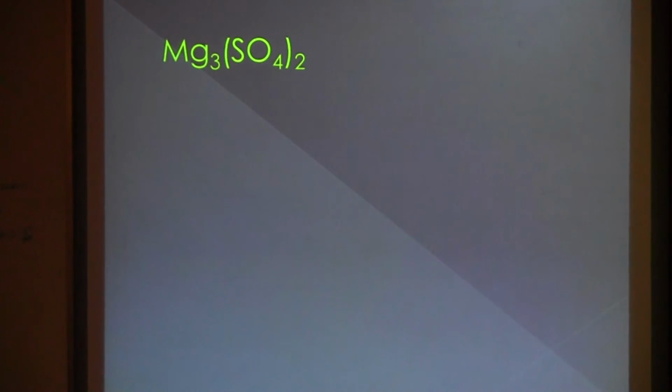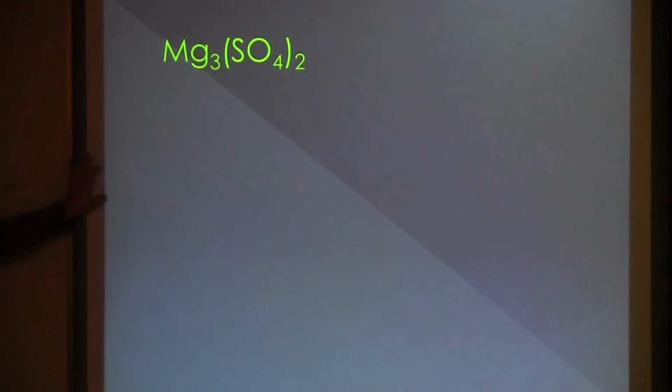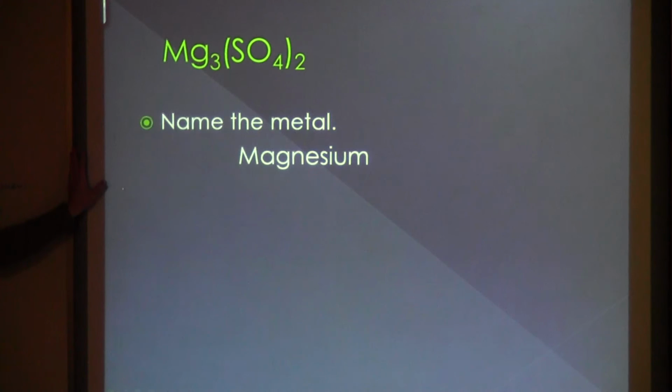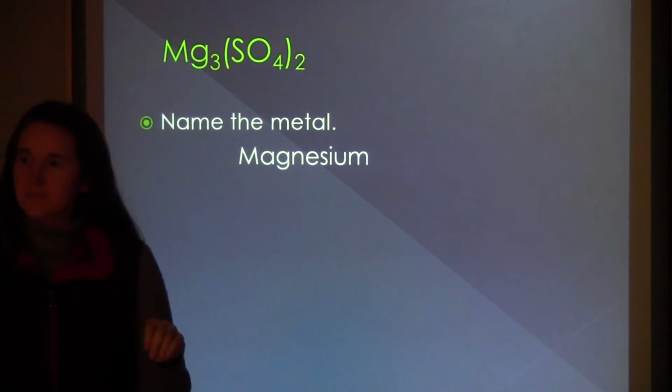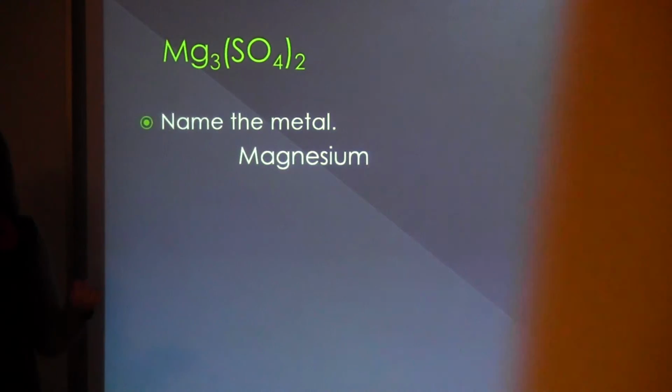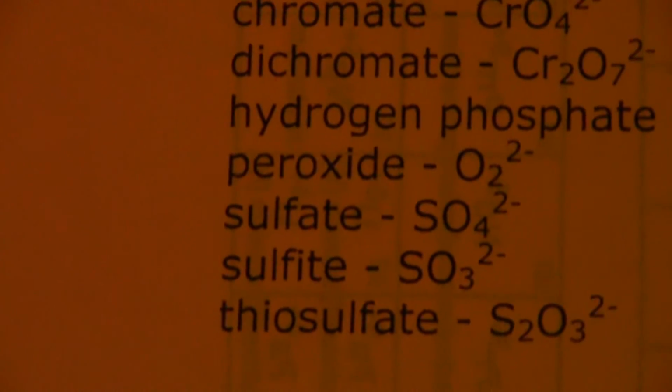MgSO4 as a class right now. We're going to name the metal first. Metal is magnesium. Name the polyatomic ion next. SO4. Sulfite? Sulfate. Is it sulfate or sulfite? Sulfate.